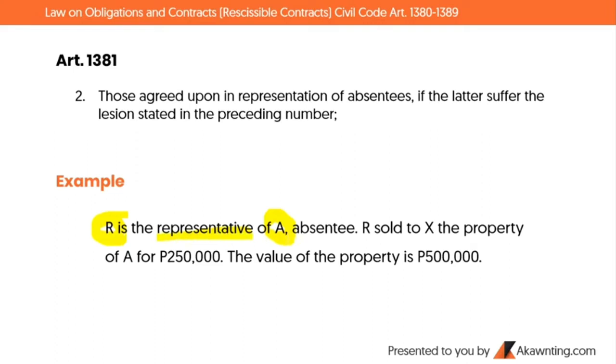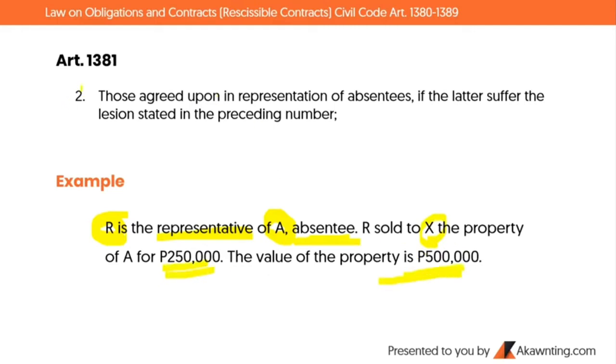Kasi A, absentee. Wala siya. Hindi siya present, di ba? Okay, so meaning, yung representative niya ang makikipag-transact ng kung anumang business meron si A. Okay, so in this case, binenta ni R yung property ni A kay X. At kung mapapansin nyo, nag-suffer ulit ng lesion.